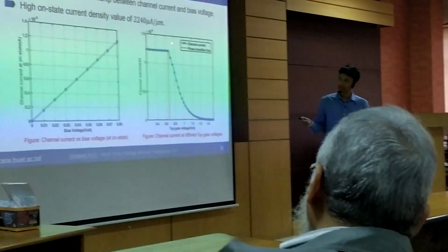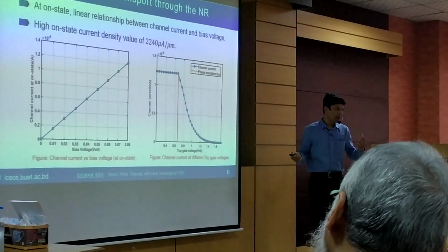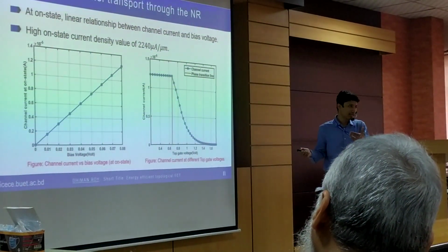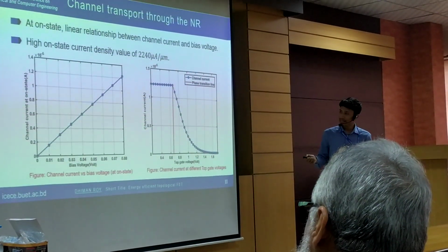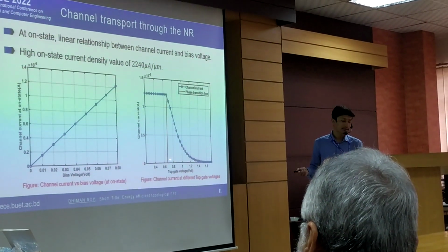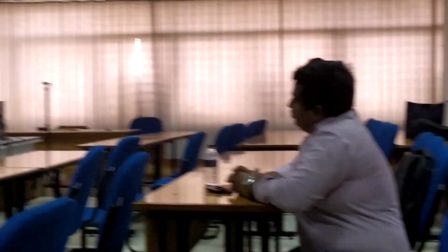In this case, can you tune this threshold voltage by any means, by electrical means, for this topological FET? This can be possible, but at this moment we have to incorporate new kinds of materials. If we replace the conventional silicon dioxide with a ferroelectric, then you can also change the threshold voltage value. So we have to improve with new kinds of materials like ferroelectrics.